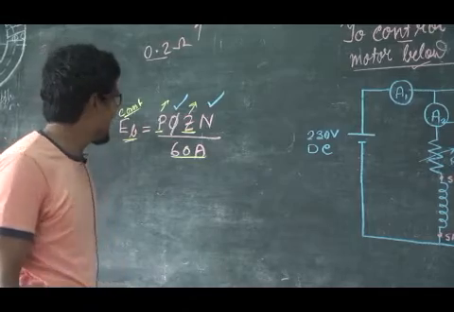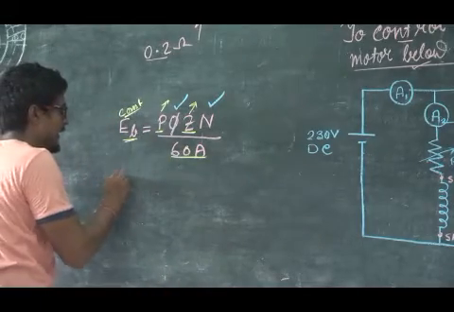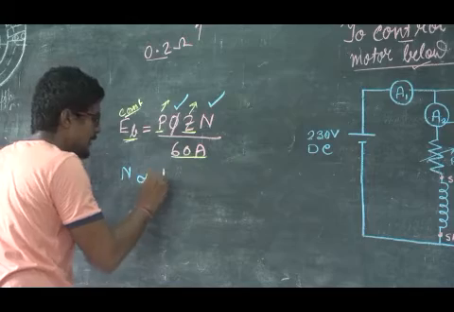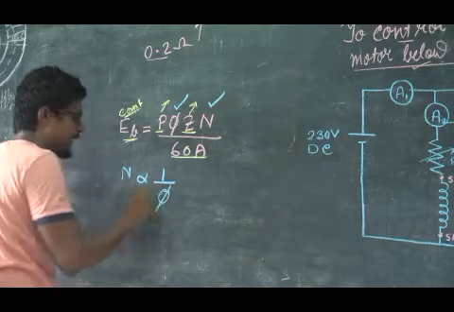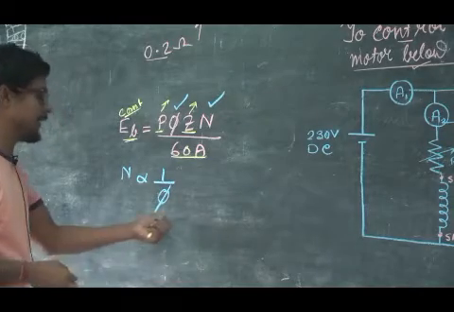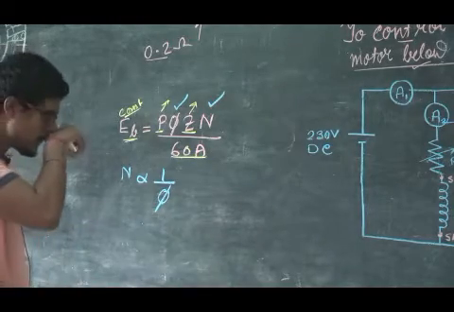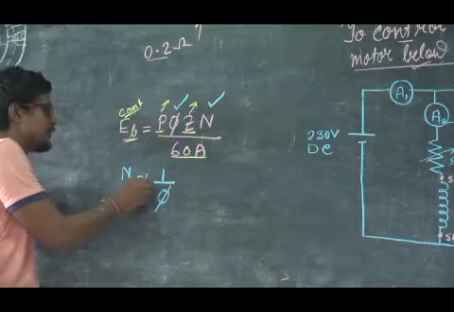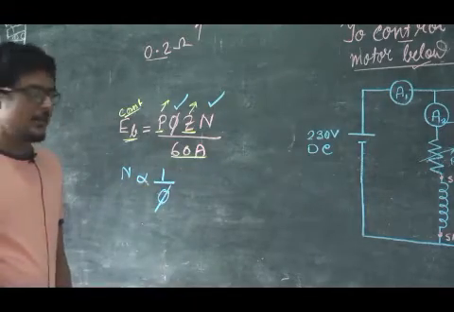When we rearrange them, we get N proportional to 1 by phi. N is the RPM and phi is the flux. So you are seeing that the speed is inversely proportional to the flux.